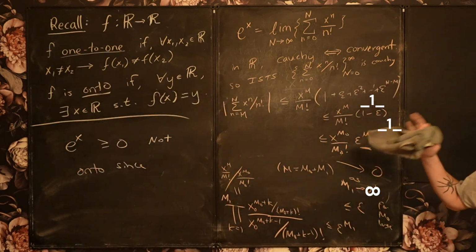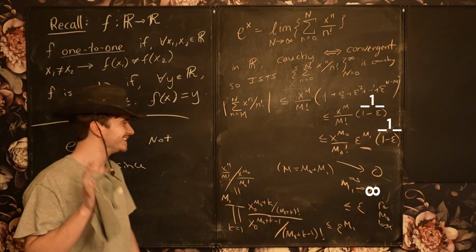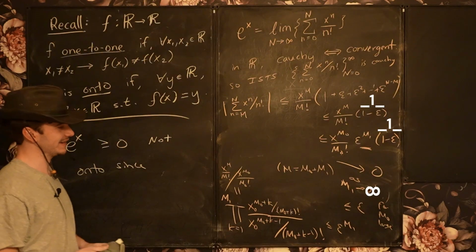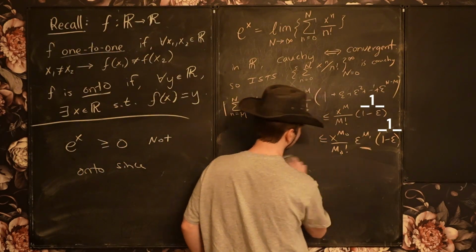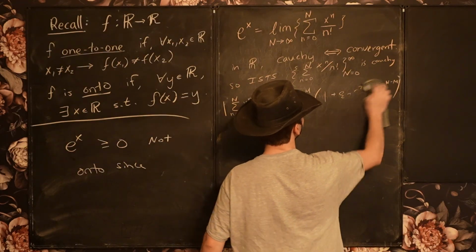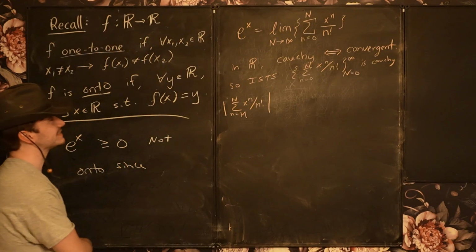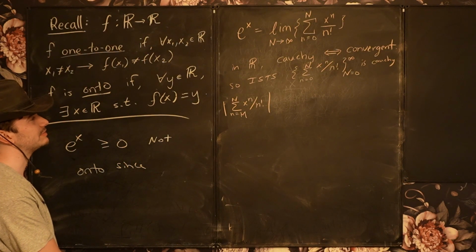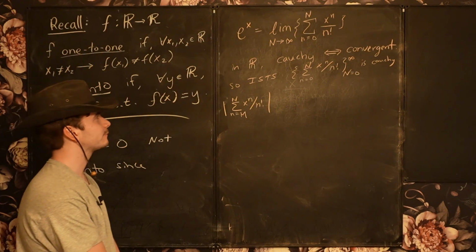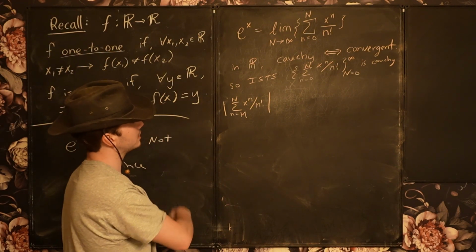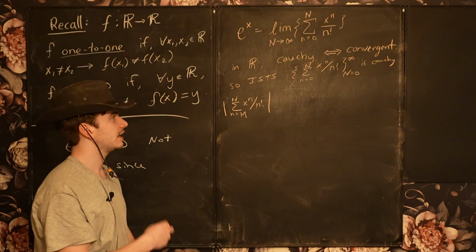Okay, so now that we've defined e to the x, let's prove that it's not onto. So I guess to prove that it's not onto, honestly, I have to go right now.